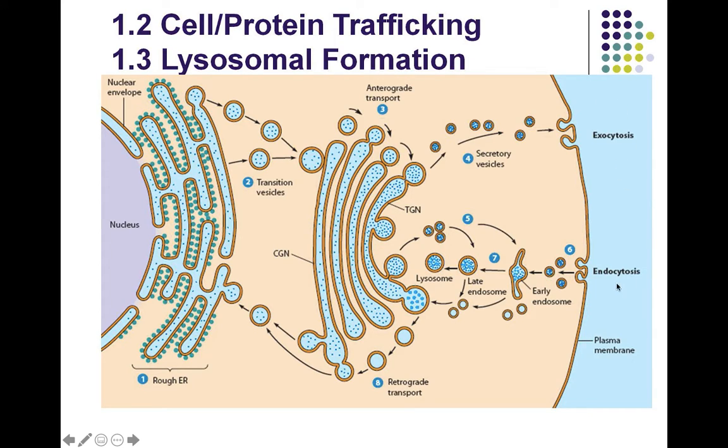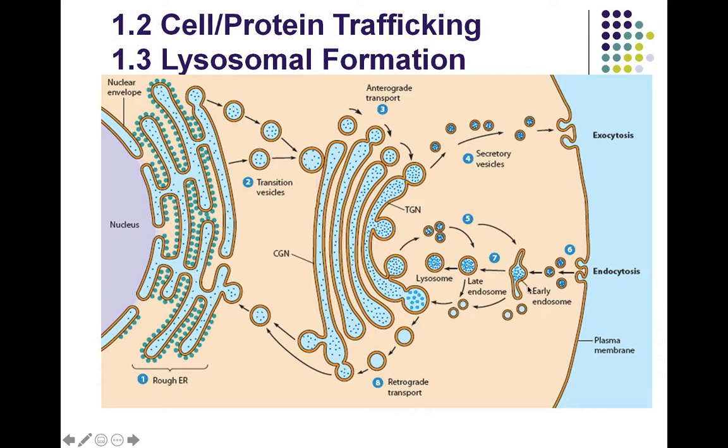Also, there is an internalization pathway. So, from endocytosis, we have our transport vesicles budding off from the cell membrane. You can call this the endosomal pathway, where things enter the cell.